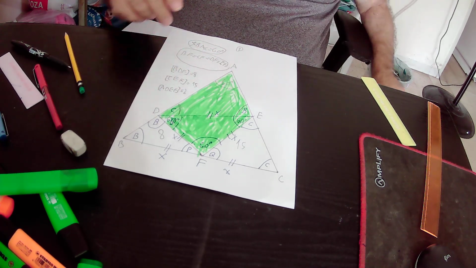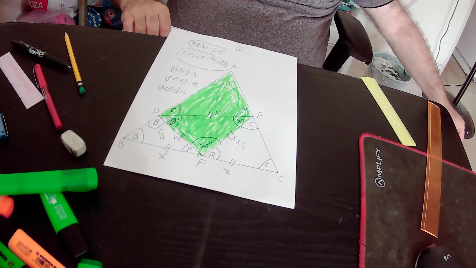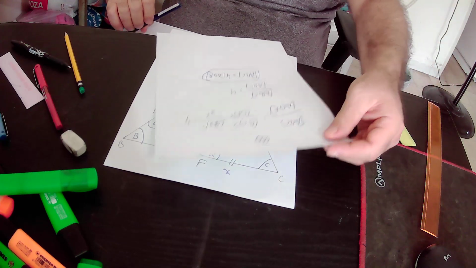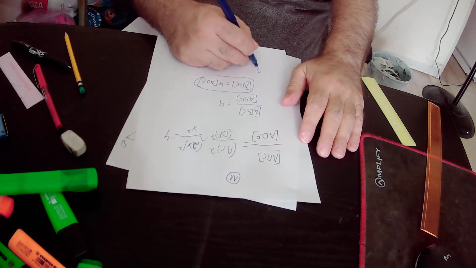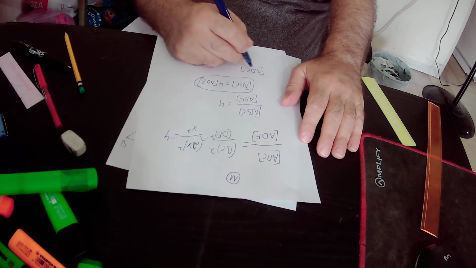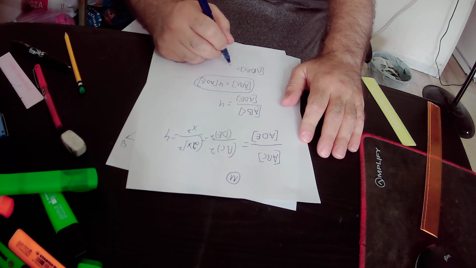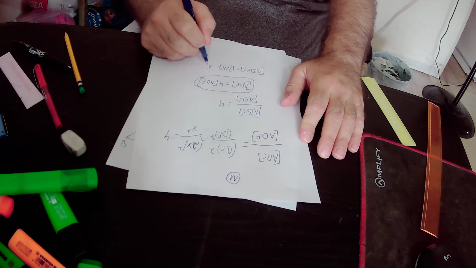Okay, so I'll write it down. The area of the quadrilateral BDEC equals the area of triangle ABC minus the area of triangle ADE.